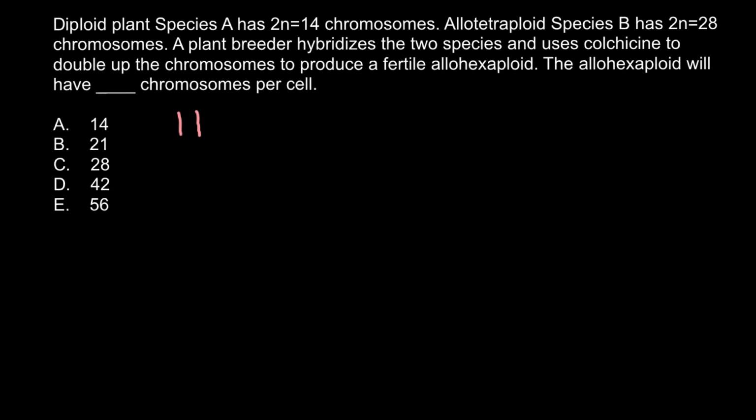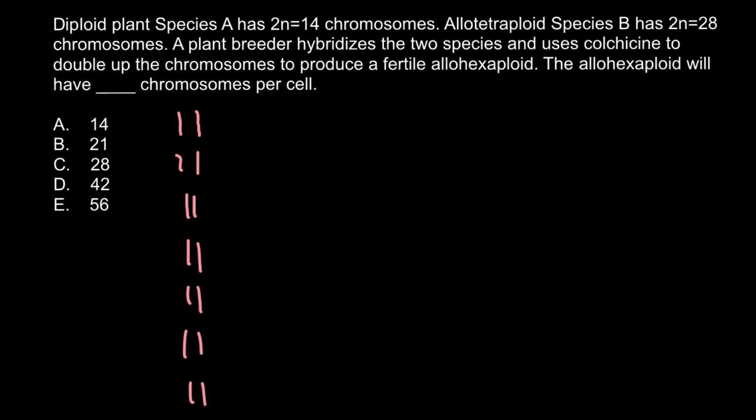In a diploid organism, of course, we would have two chromosomes number 1, two chromosomes number 2, 3, 4, 5, 6, and 7. So as you see, this diploid organism has 14 chromosomes and 7 different chromosomes, and each chromosome is represented with two variants that we call homologous.